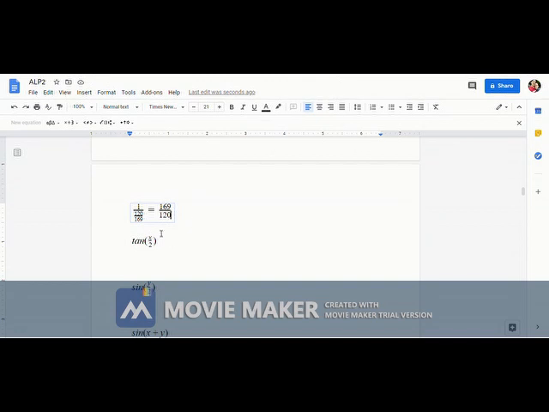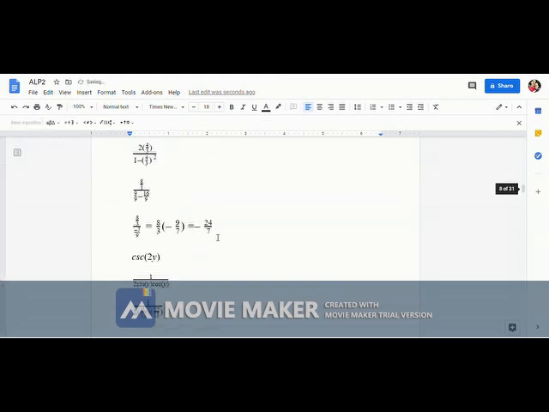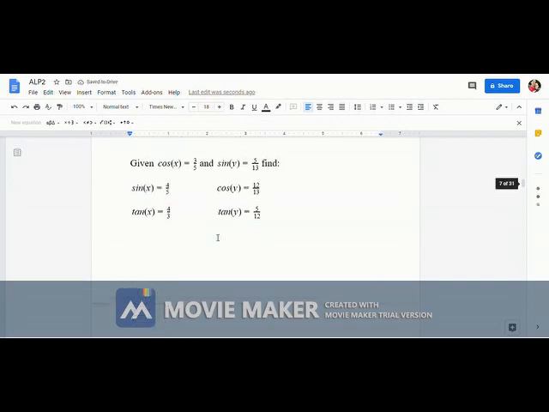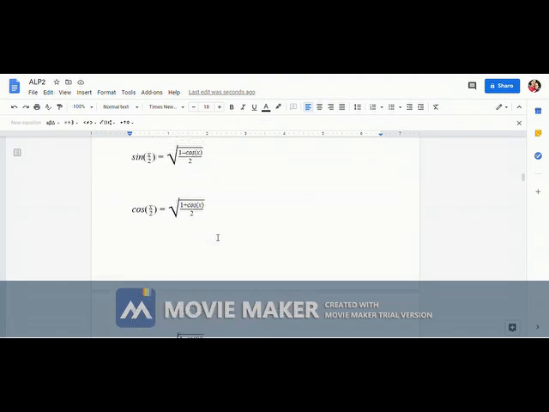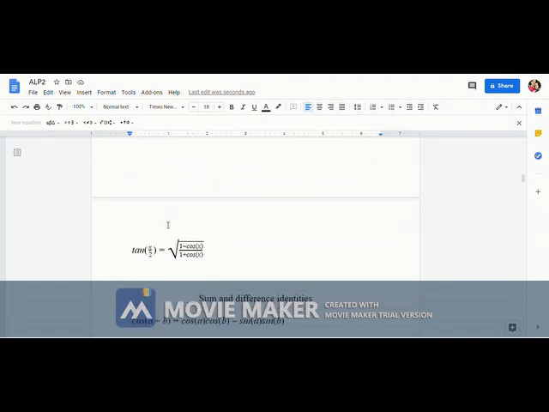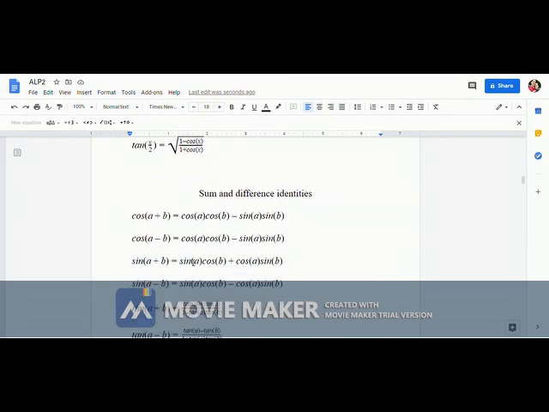Alright, now we can move on to this next equation. So it's tangent of x over 2. So let's come back up and see the half angle identity for tangent is the square root of 1 minus cosine x divided by 1 plus cosine x.